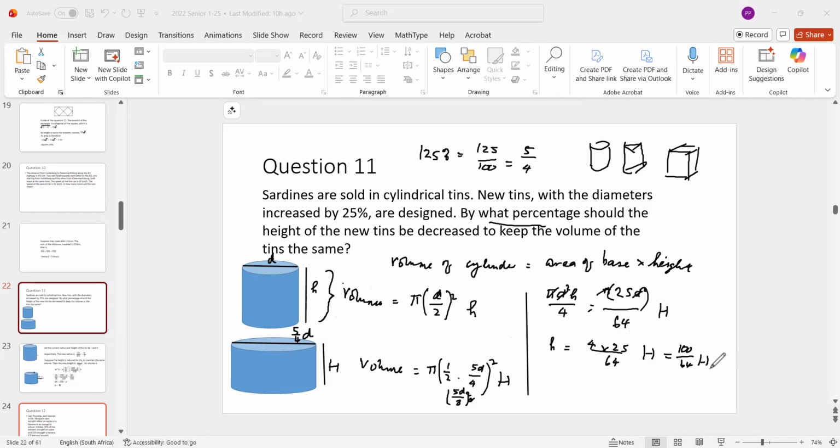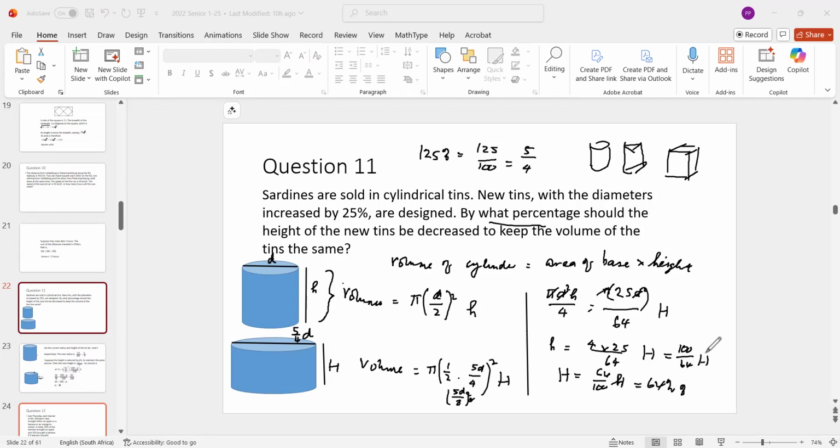Oh, okay. You have to increase this. So capital H is actually equal to 64 over 100 times h. You should multiply on both sides, and that is 64%. Of small h, sorry.